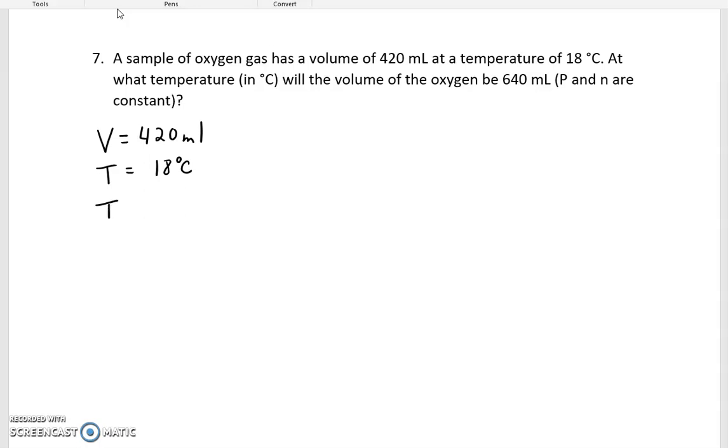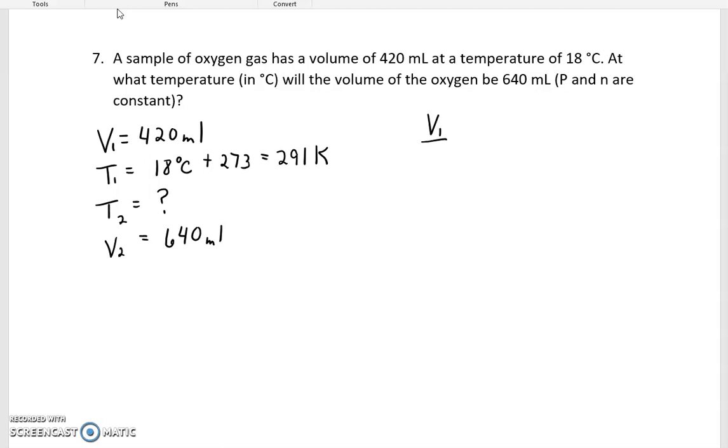We don't know the second temperature. Will the volume, that's the secondary volume, be 640 milliliters? So these are our ones, and these are our twos. We're going to need to add 273 to our 18, and that will give us 291 Kelvin.